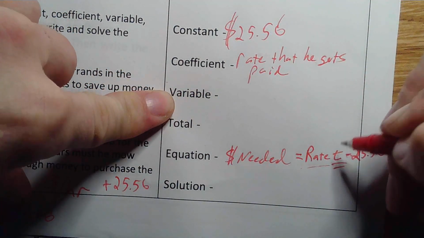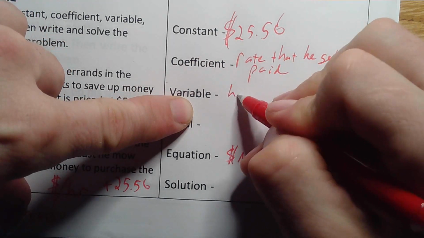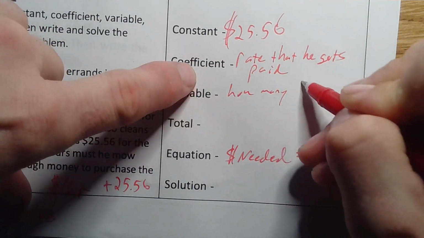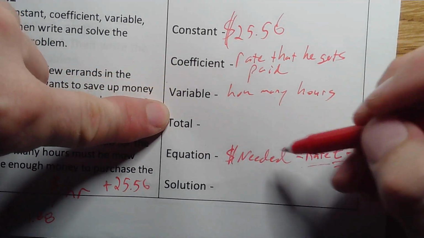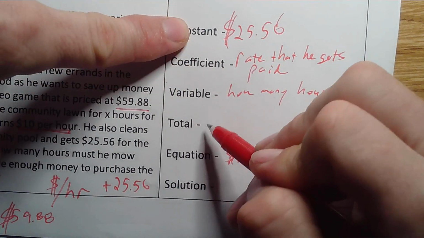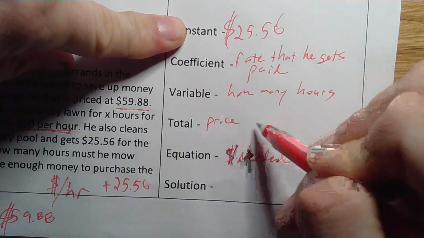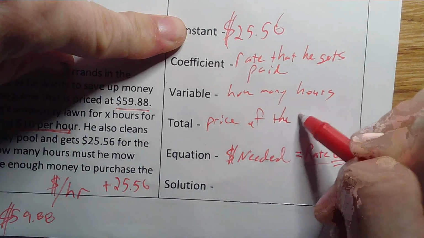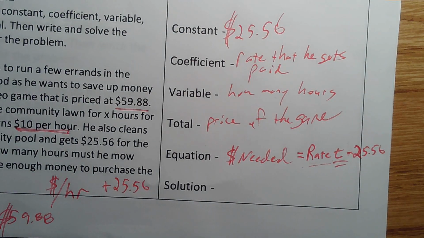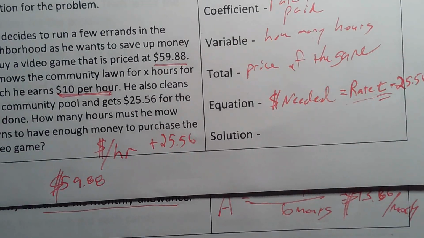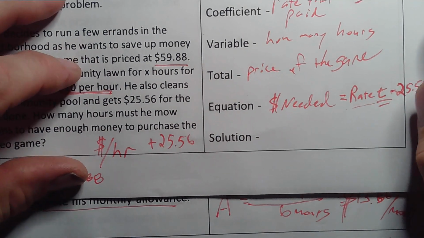The variable, what we're solving for, is how many hours he needs to mow. And then the total is the price of the game. There we go, we're going to go with that now.